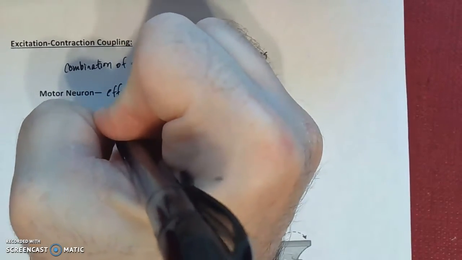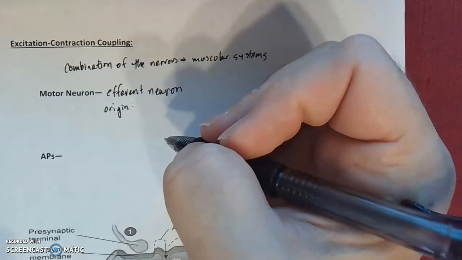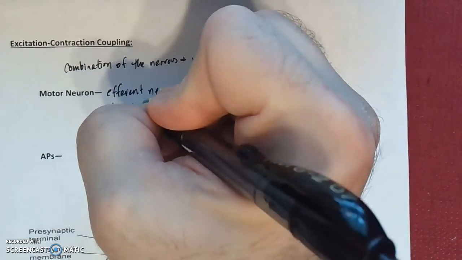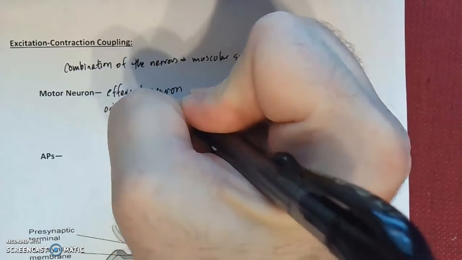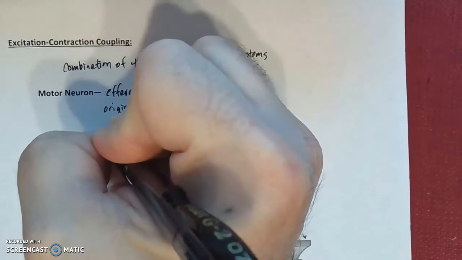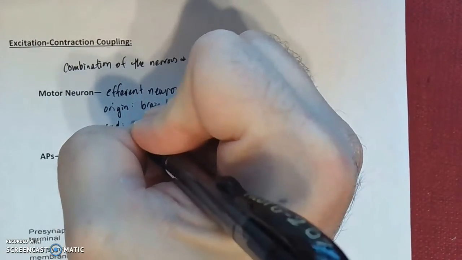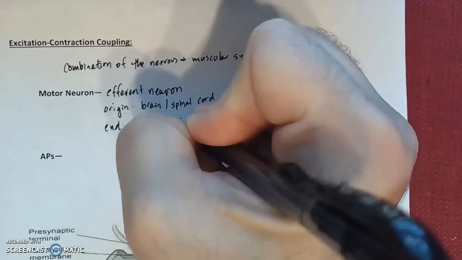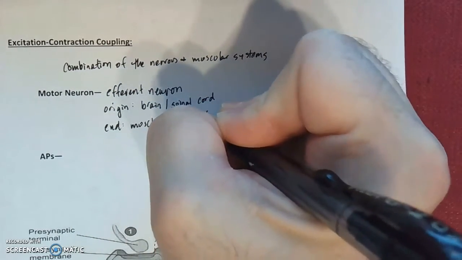So the origin of this action potential is going to be either the brain or the spinal cord, so the central nervous system. And the end is going to be the muscle fibers. So this is the effector.